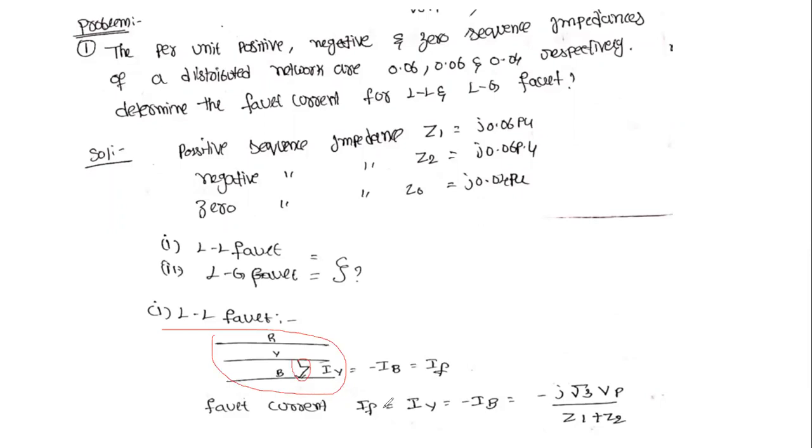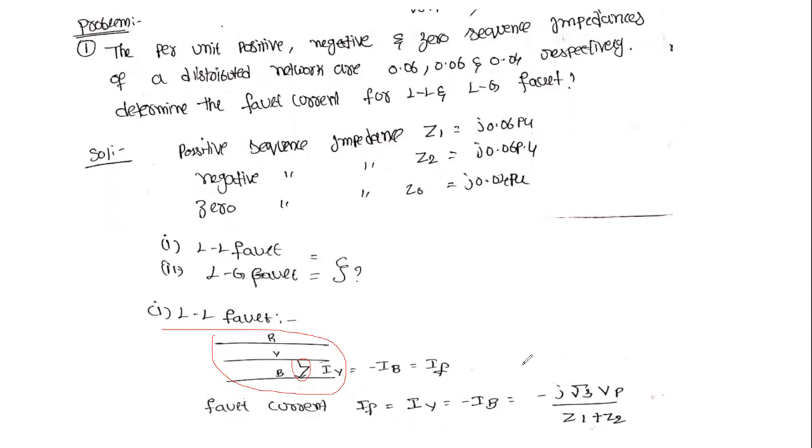What is the formula for fault current when a phase to phase fault or line to line fault is obtained? That is minus j root 3 V phase by Z1 plus Z2. VP is the phase voltage, and Z1 and Z2 are the positive and negative sequence impedances.